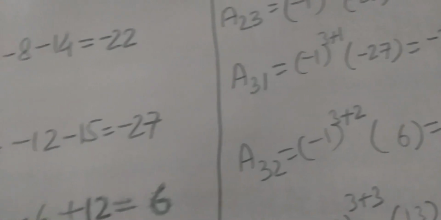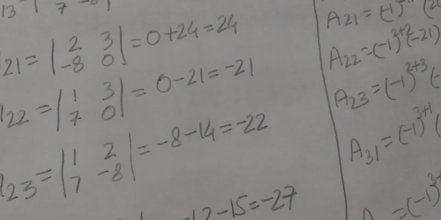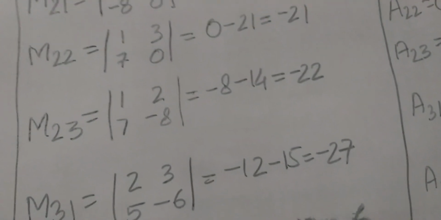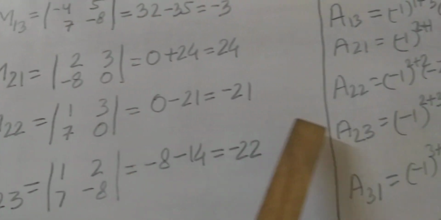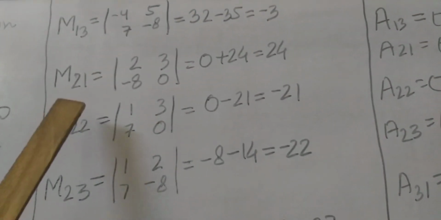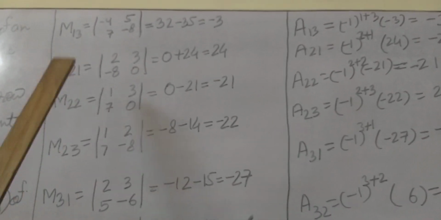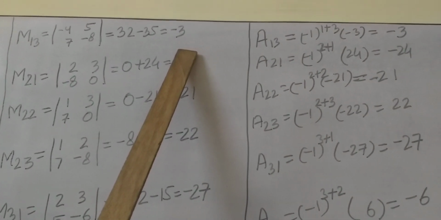So students, you can see if the sum of i and j is even, then minor and cofactor are the same. And if the sum of i plus j is odd, then we have to change the sign of the minor. You can see here, students, minor 1 3 is -3.